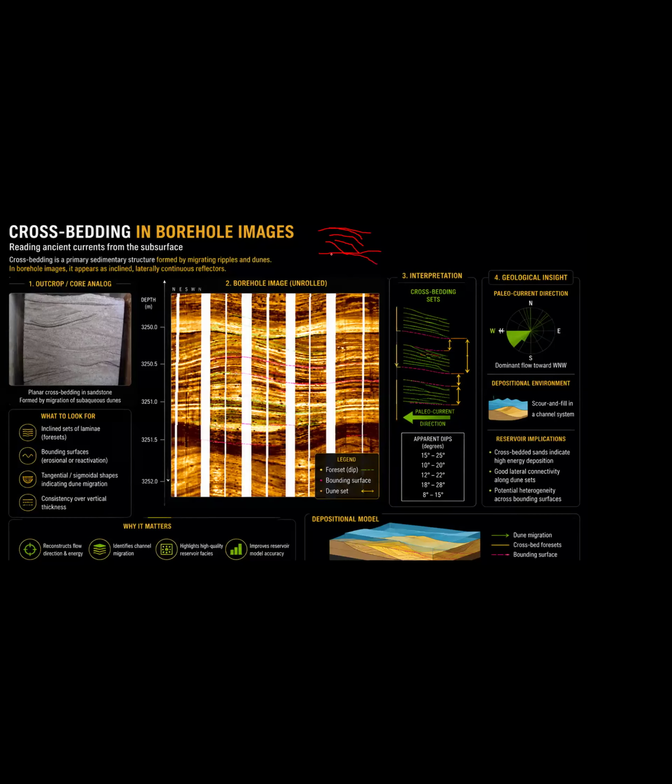When you get a cross section, you will start to see what you see here. So the idea is to pick these sand textures, which we call cross-bedded sand sets. The separation between each set we call bounding surfaces or reactivation boundary, and then another set. So we have a set, then a reactivation or set boundary, and then another set of sand, and that's why it ends up as sets of cross-bedding.